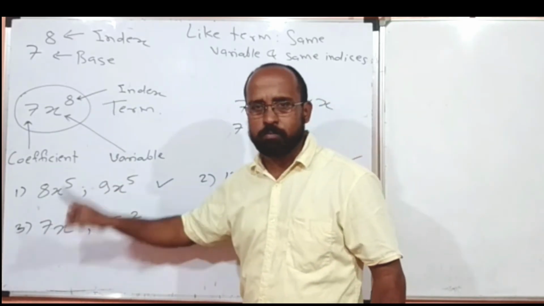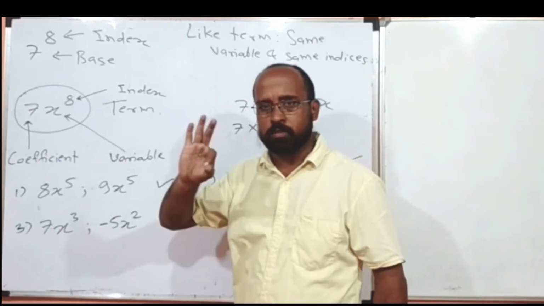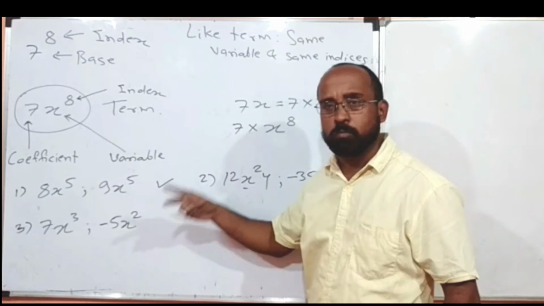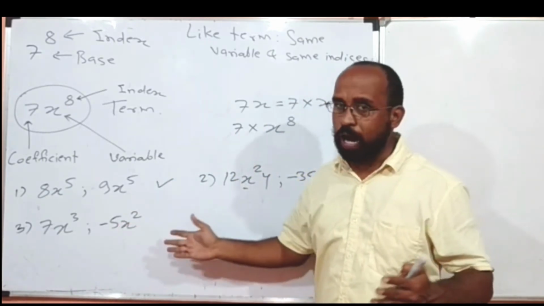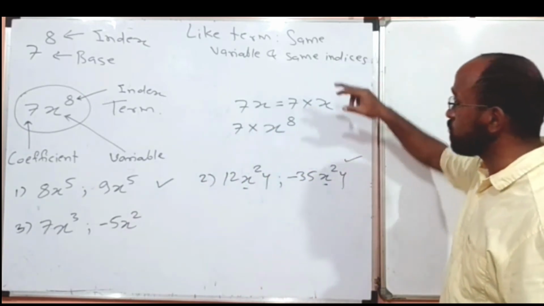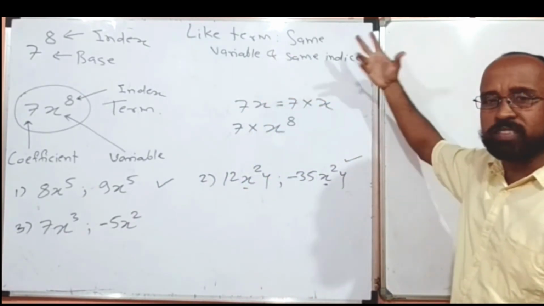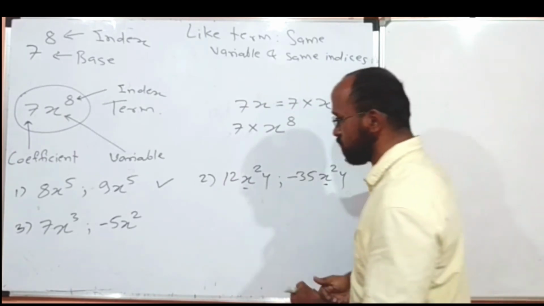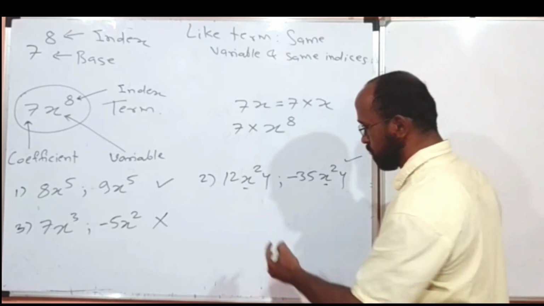Are variables same? Yes. We require same variables. What is the index in the first term? 3. What is the index in the second term? 2. Are indices same? No. So are they like terms? No, because to meet the condition of like terms, same variables and same indices are required. So this is not a like term. Clear? Let us see one more example.